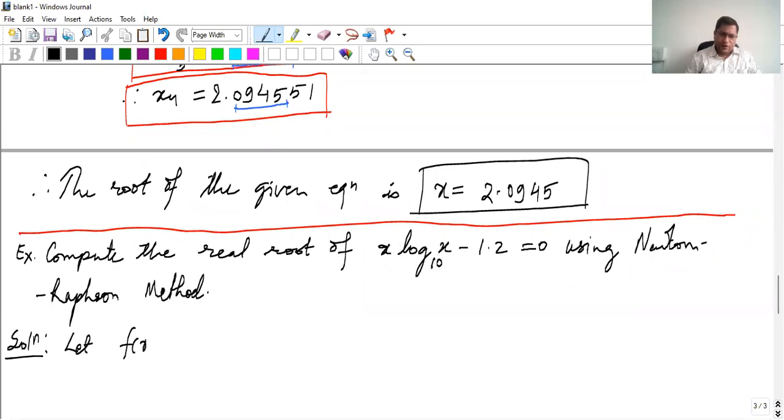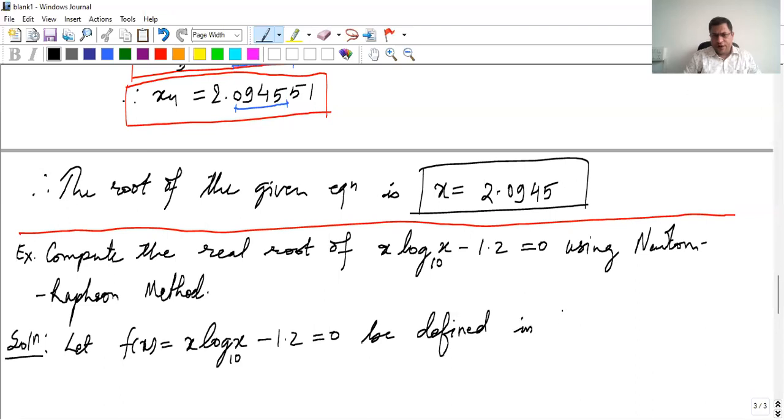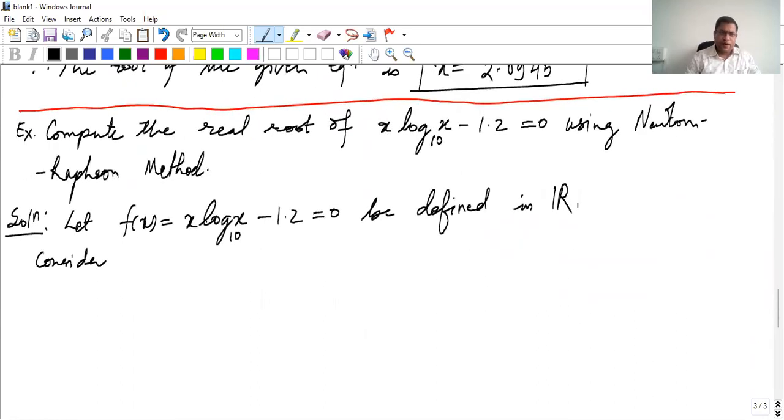So let f of x is equal to x log x to the base 10 minus 1.2 is equal to 0, defined in R. We want to find out the real root, so it is defined in R. Then what we have to do is consider, if I put 0, this is going to be minus 1.2.